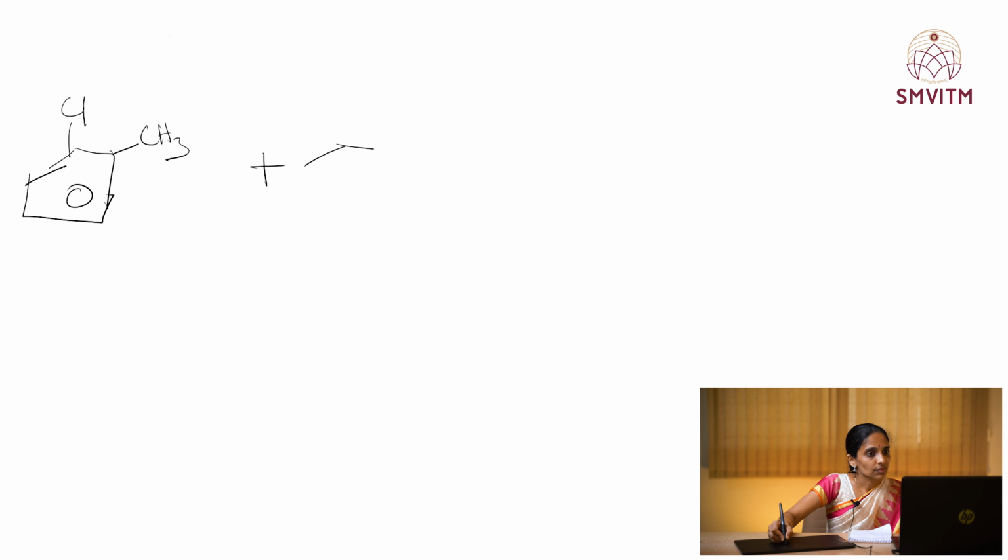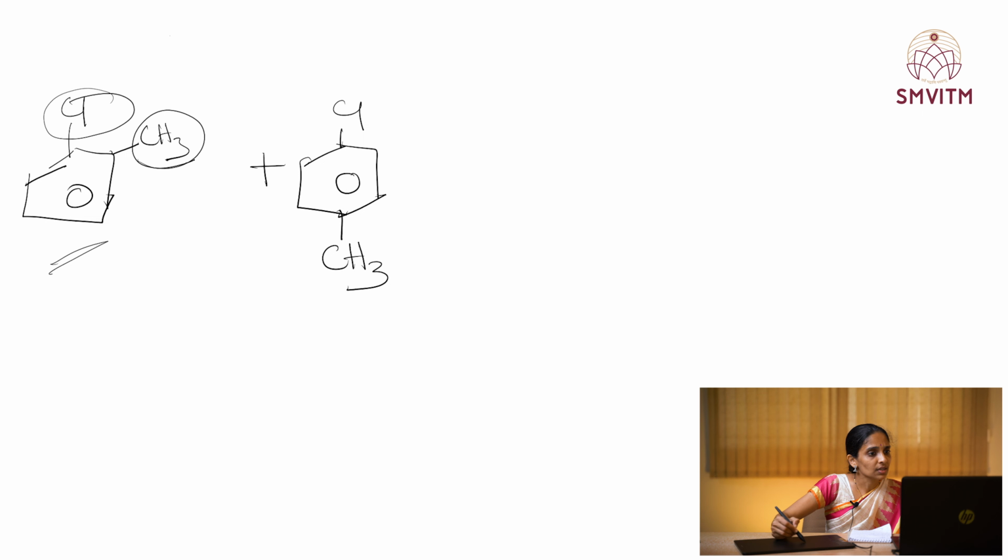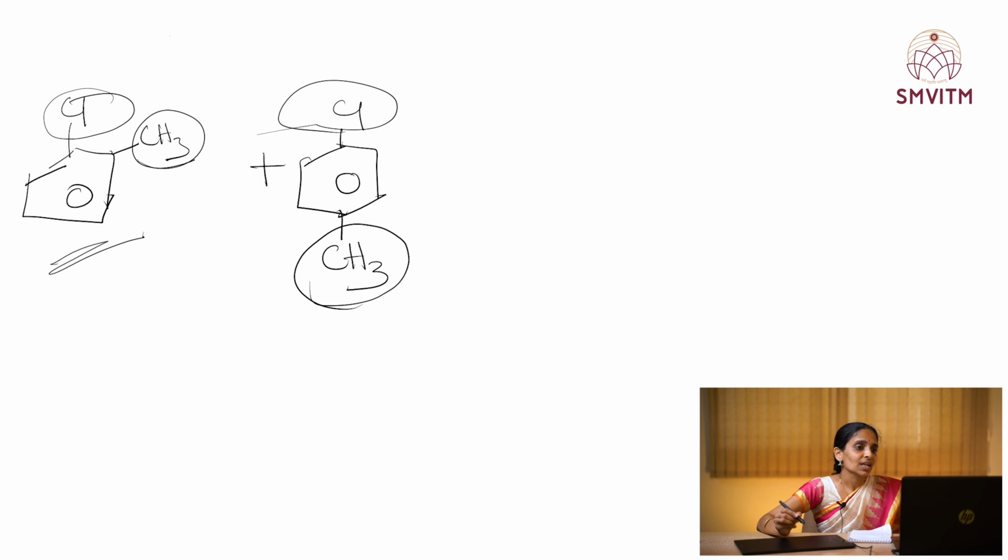In the other molecule of chlorobenzene, the methyl group attacks the para position. So, 1-chloro-2-methylbenzene and 1-chloro-4-methylbenzene are the products.